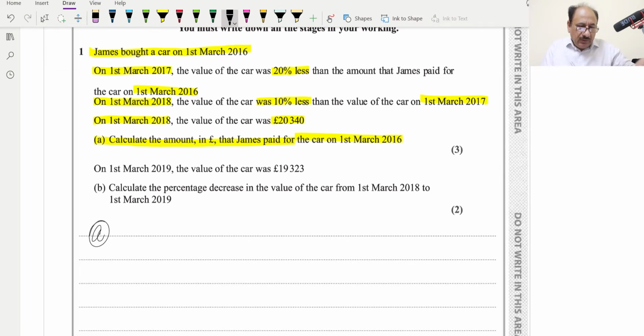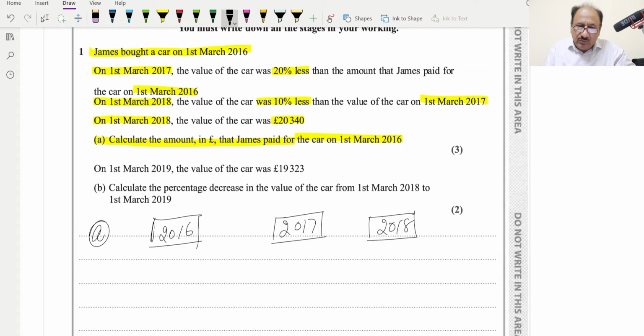A part. To understand the question properly, we can write 2016, what was the situation, and 2017, and then 2018. So these were the 3 years, and from 2016 to 2017, 20% down, and from 2017 to 2018, as it is mentioned, a further 10% down.